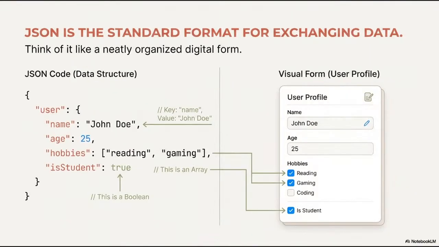Another topic is JSON structure. JSON is JavaScript Object Notation. It is a way to organize data that both humans and computers can easily understand. As you can see here, the JSON code is a data structure which uses small space or storage, and also provides easy understanding for humans: user is a user, username is John, age is 25, hobbies are reading and gaming, is student, yes, true.